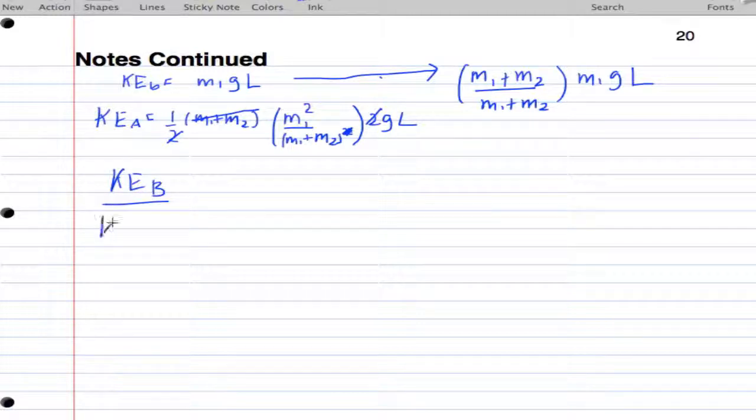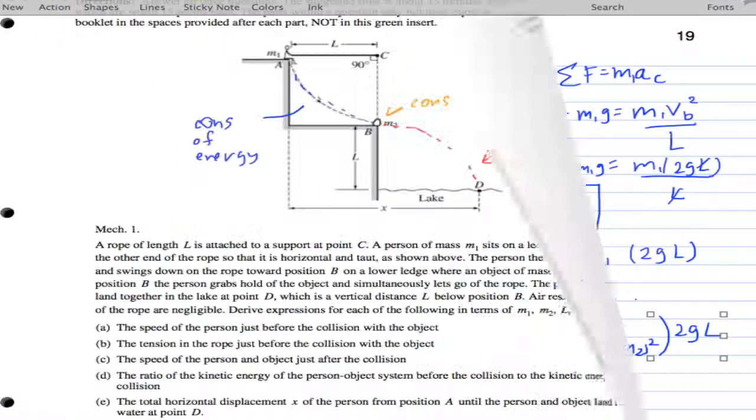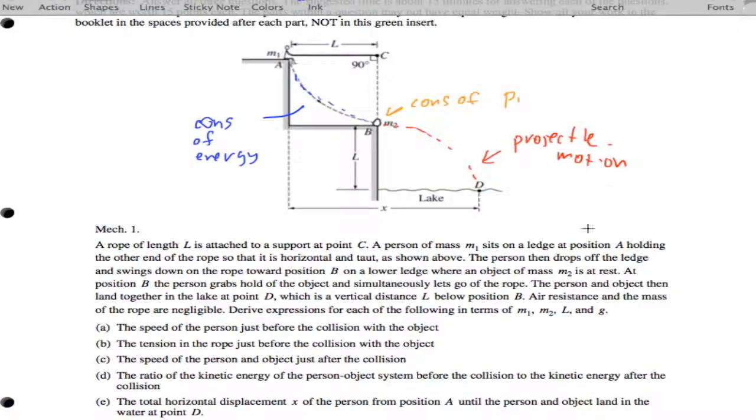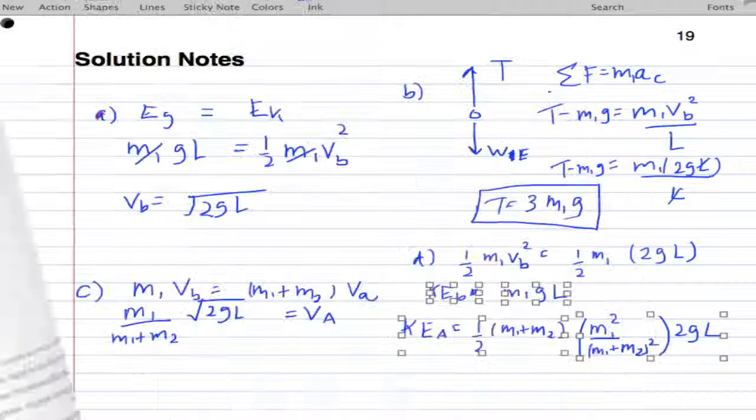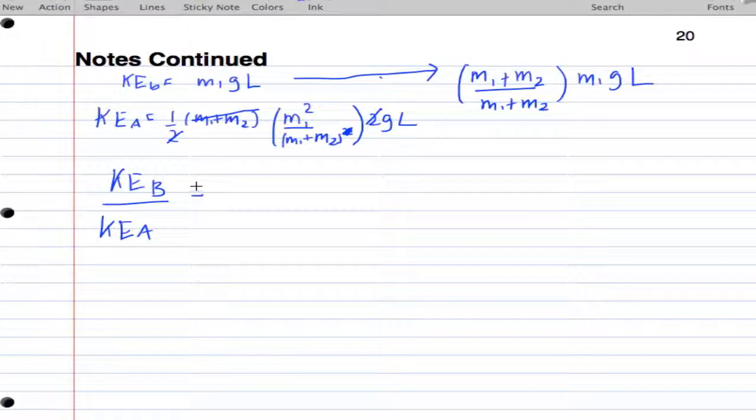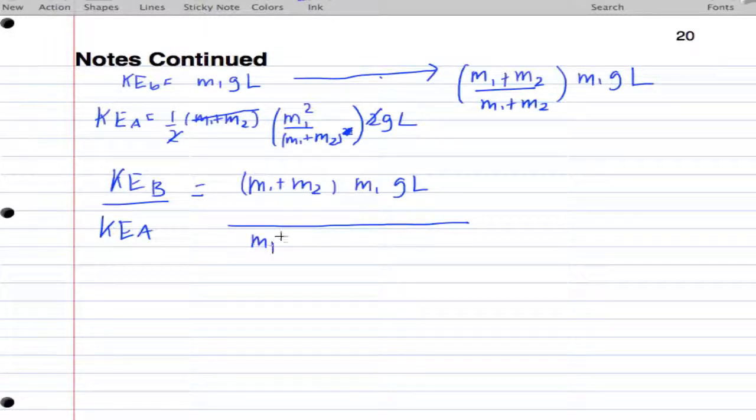And so what I'm ending up getting here is the KE before over the KE after, and let me make absolutely sure that I have this right. Yes, we want the kinetic energy before ratioed with the kinetic energy after. So here we go. This is going to be a little annoying. I'm going to end up getting m1 plus m2 times m1 gL divided by m1 squared gL.